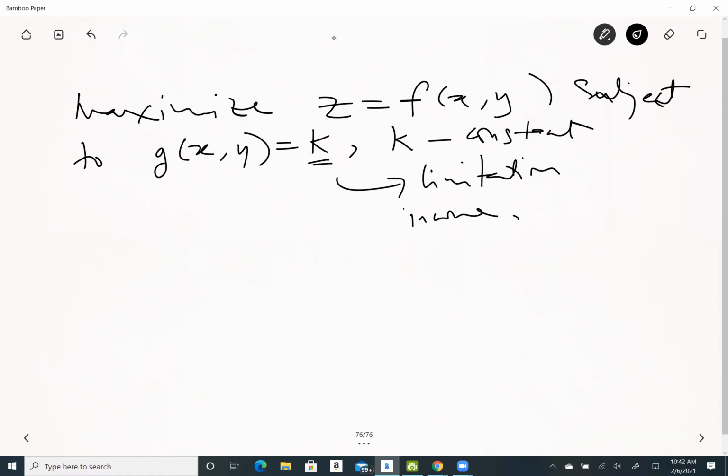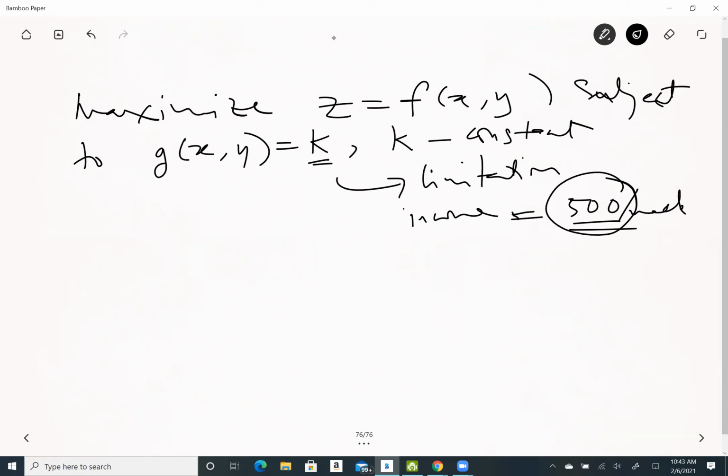So you have limited income, say 500 per week. That is our limit. You want to make sure that you will spend to your highest satisfaction given that amount of money. That's how you manage your budget.